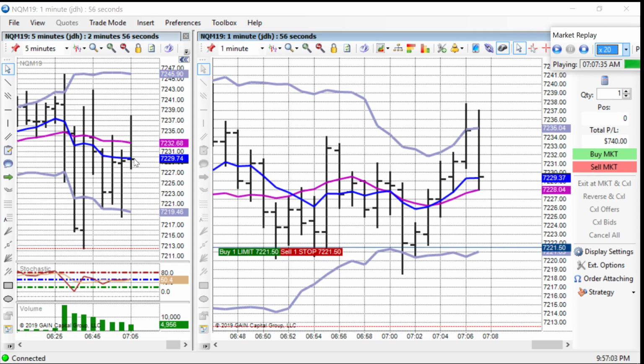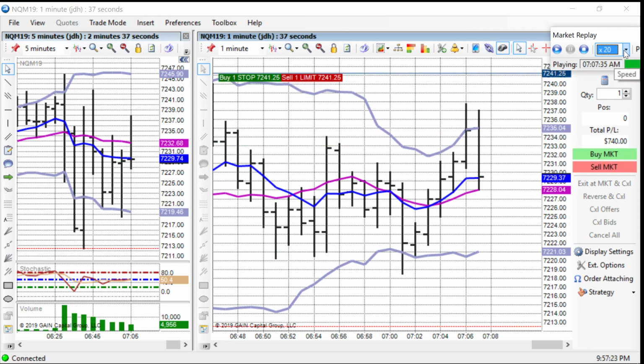Trying to analyze it. I still think it's coming over. If you look at the 8 EMA line on the 5-minute chart, it looks like it's still moving towards the 14 SMA line. And so let's see more development occur on the 1-minute chart.